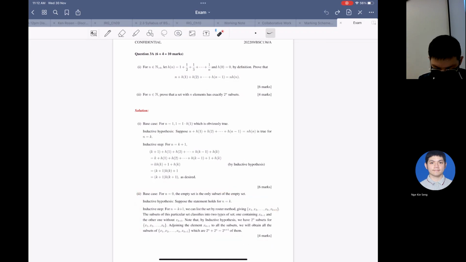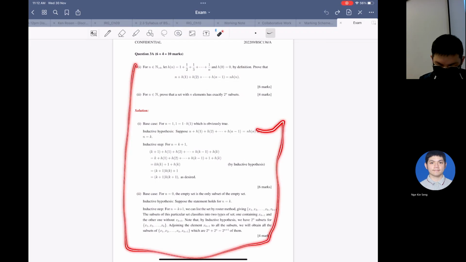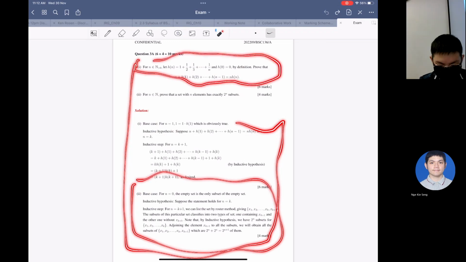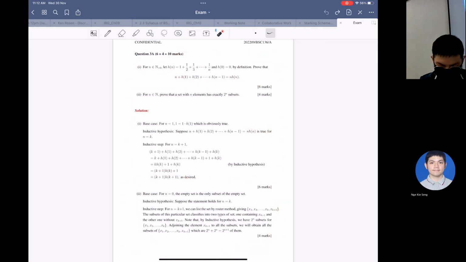You split the subsets into 2 kinds: those built out of the n elements, and the others that contain the n plus 1. I think only one of you used this method. Yeah, I admit this one is a bit tricky. For 2, you have to write it out to see.